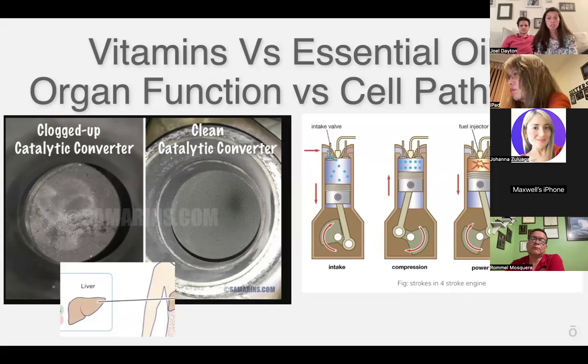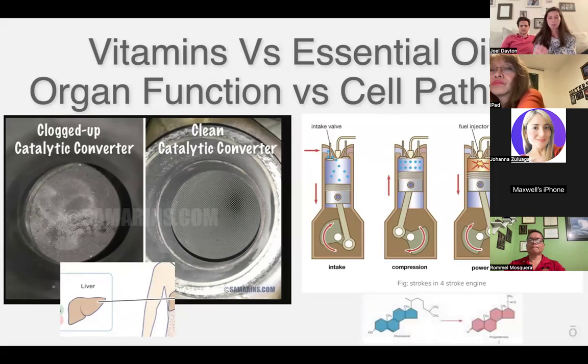Okay, now that other picture here, this is the cellular pathway. So again, going along with the idea of a car, we can have all the right parts and they can look squeaky clean, but if they're not firing properly, what's it doing? It's just sitting. That car won't do anything for us. It needs to have pathways that help it to fire and go and have reactions going. And that's what those cellular pathways are.